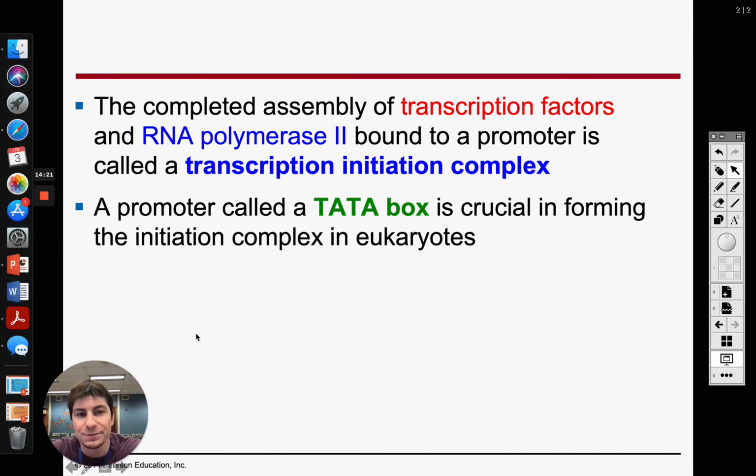So just a funny story. When I was in college, guys, I'll never forget the day I learned about the transcription initiation complex. And when we were learning about it, they were talking about it's a TATA box, and it's TATA. So, sorry for the bell, guys.